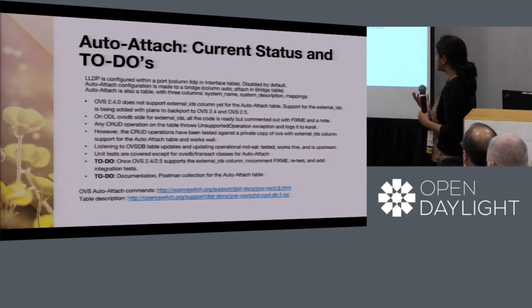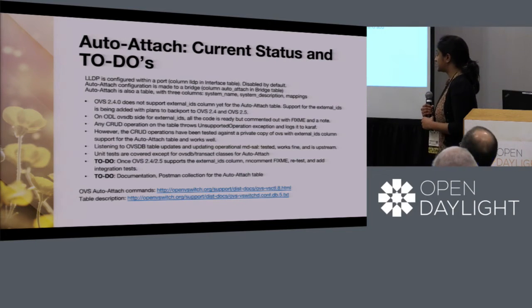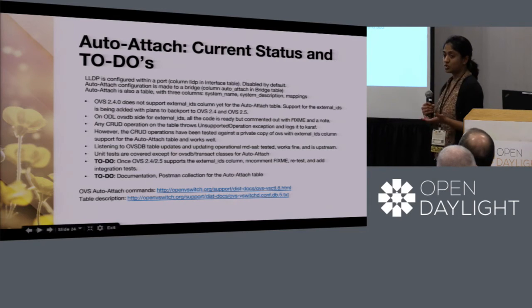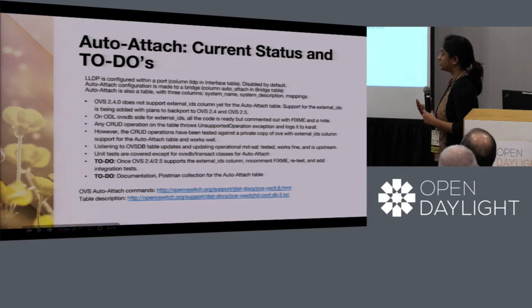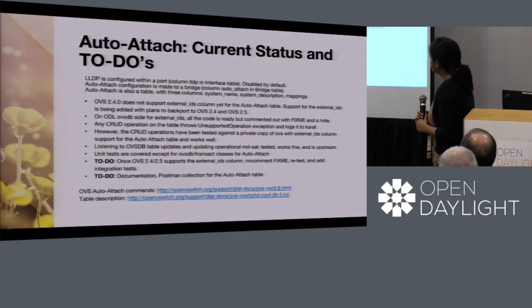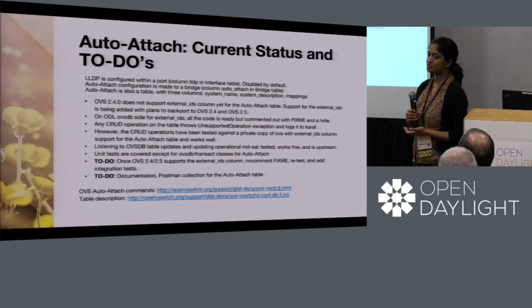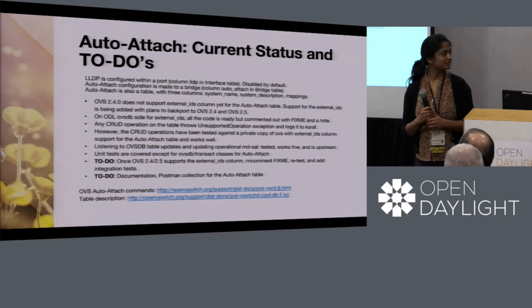The to-do items are, once OVS supports the external IDs column for the auto attach table, rework the code in OVSDB to be able to configure it, and of course integration tests and some unit tests are remaining, along with documentation and a Postman collection. That's it.